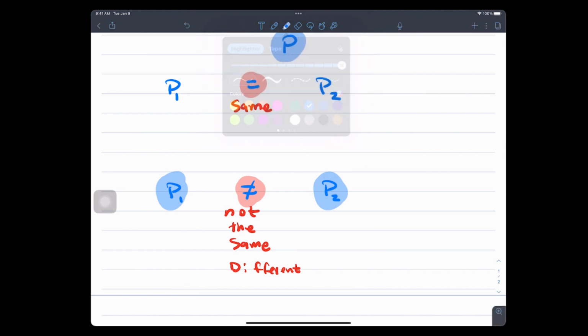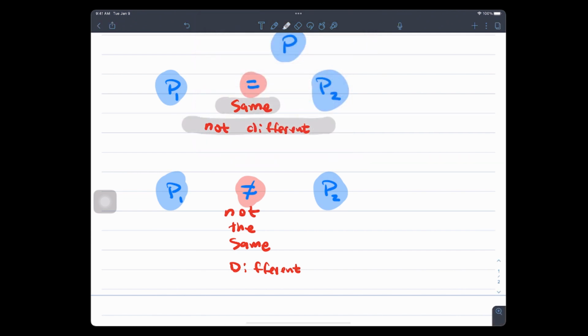It's kind of an interesting phrase. The phrase is not different. If you say you're not different, then you're saying you are what? You're the same. You guys see these phrases here. These are the key phrases we care about. Same, not the same, different. You guys with me on this?